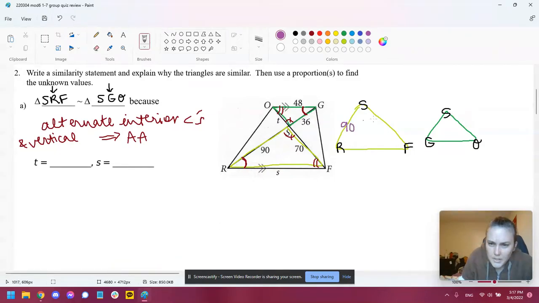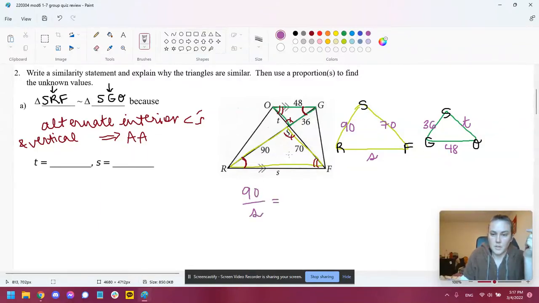Okay, now I can fill in my sides. For this one, it's 90, 70, and S. Between G and S was 36, between G and O was 48, and between S and O was T. And now I'm going to set up proportions to solve for the missing values. I can do 90 divided by S equals 36 divided by 48, because these two sides match up with these two sides, since we've got similar triangles.